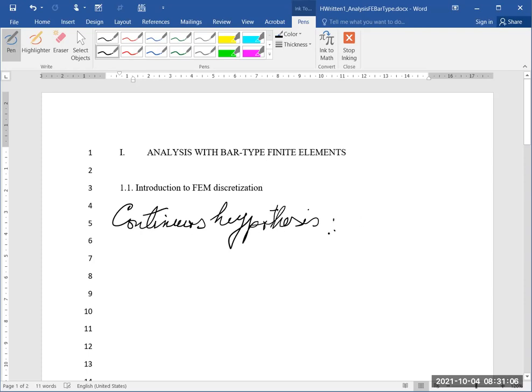So this means that instead of accepting the atomic theory of matter, like atoms, here this is empty.